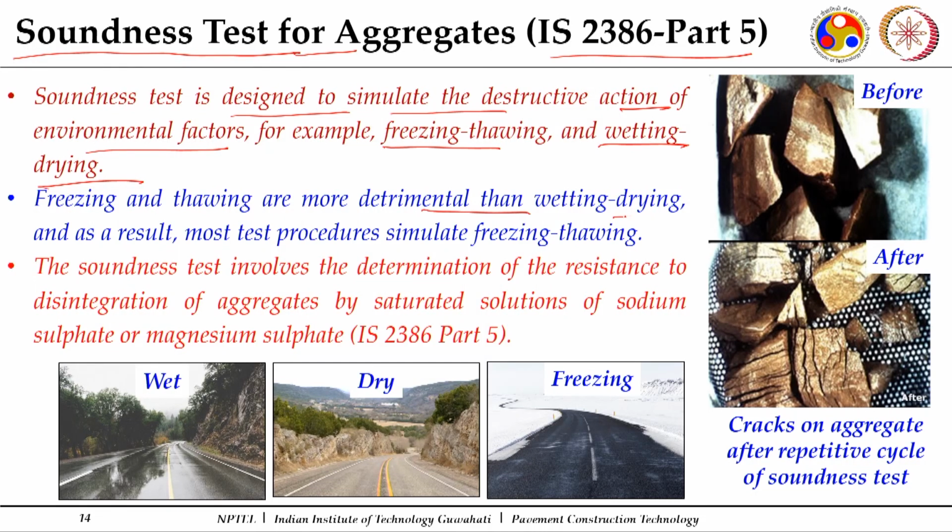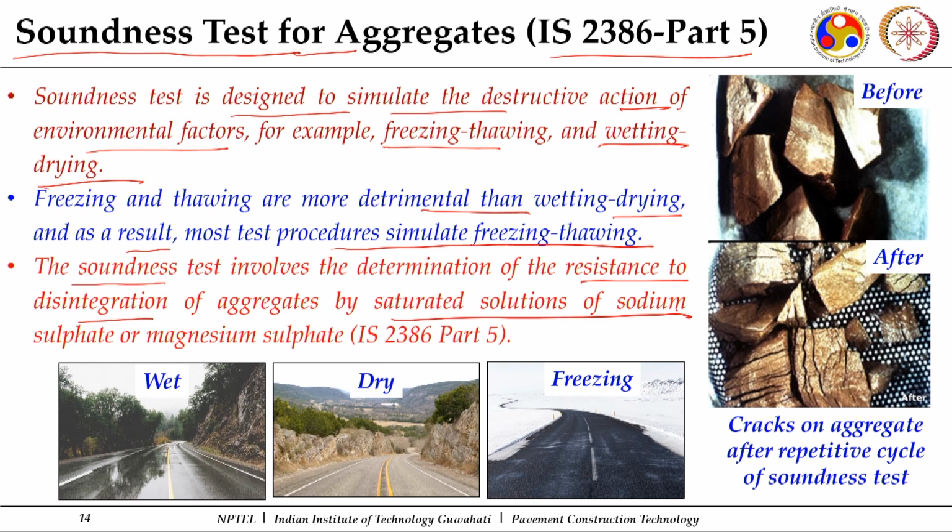So, this action needs to be simulated and understood through some laboratory determinations, and that is what is done under the soundness test. Freezing and thawing are more detrimental than wetting and drying. As a result, most test procedures simulate freezing and thawing. At laboratory scale, the soundness test involves the determination of the resistance to disintegration of aggregates.